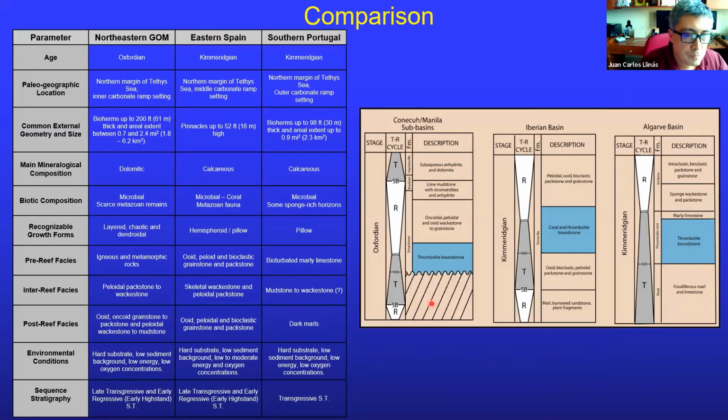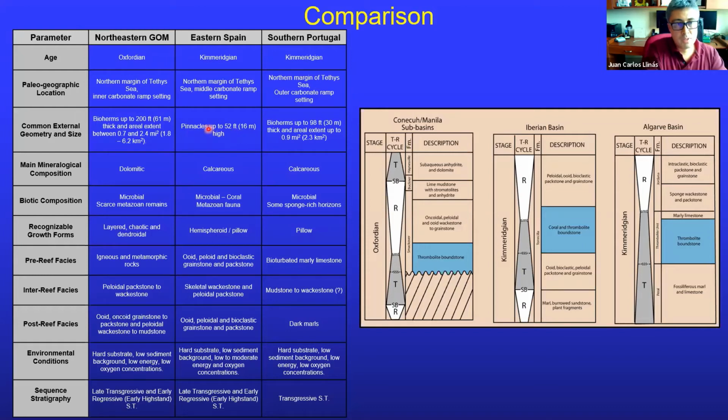Here is a table that describes or compares the three sites. All of them are of Upper Jurassic age. They all developed in the northern margin of the Tethys Sea in a carbonate setting. Bioherms in the Gulf of Mexico are very similar, probably somewhat smaller than the one in Portugal, but they are comparable in size.